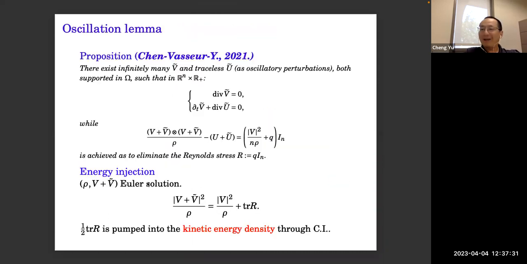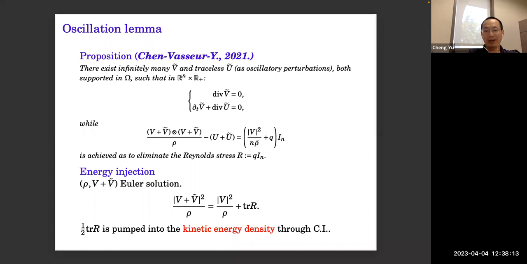Okay, so after this step we have a subsolution, but we still need an oscillation lemma for the compressible version with variable density. So here is our oscillation lemma. There exist infinitely many V tilde and traceless U tilde satisfying this kind of restriction. What is capital V? Capital V is the subsolution obtained in the last step.